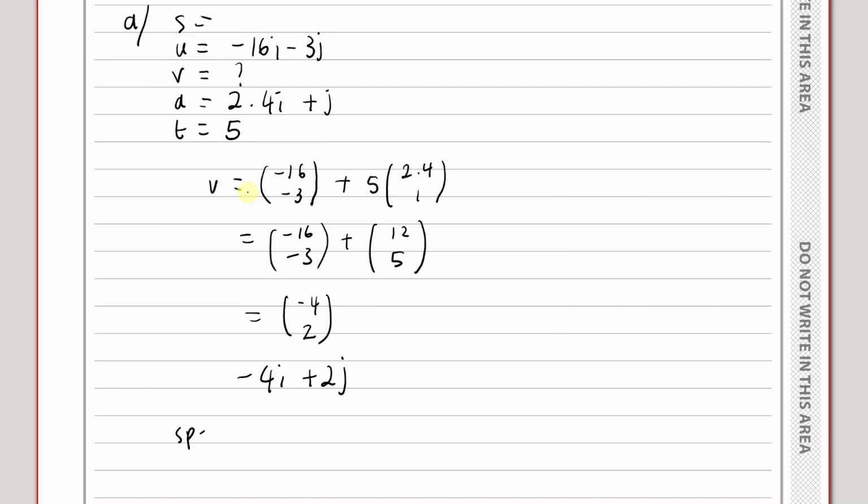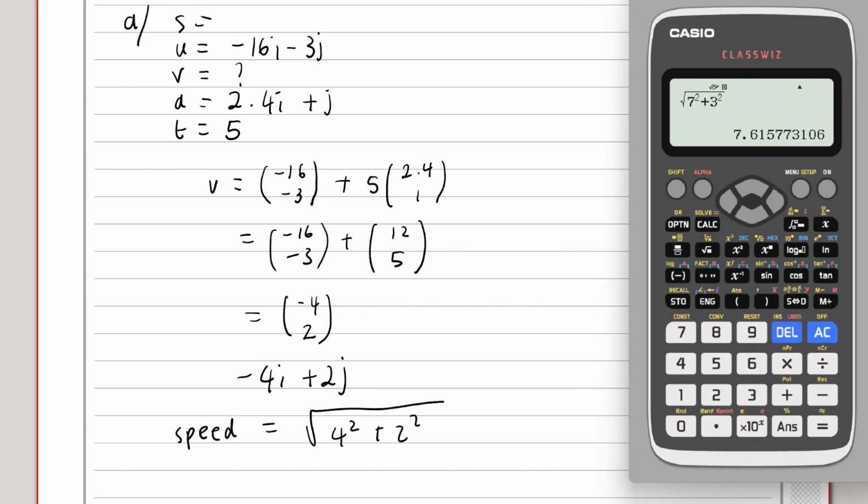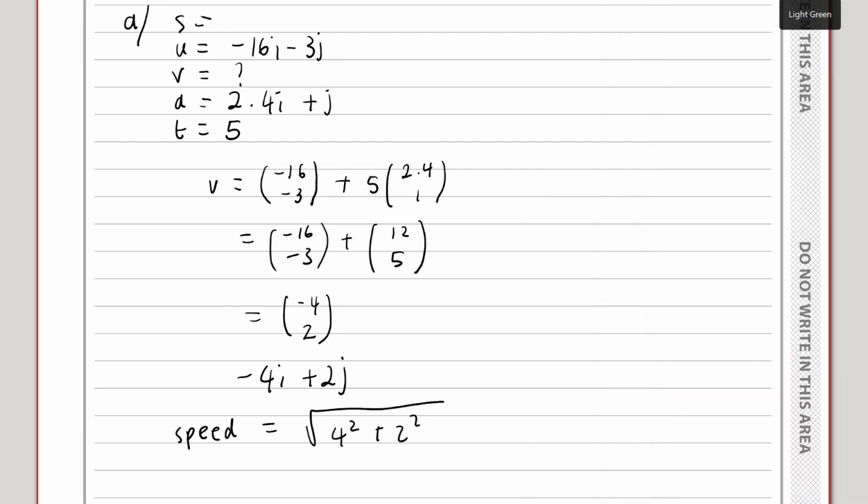And so the speed is the square root of 4 squared plus 2 squared. So we've got 2 root 5 or 4.5. So 4.5 meters per second.